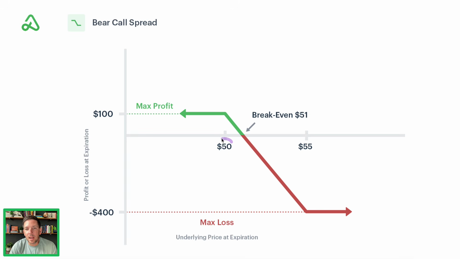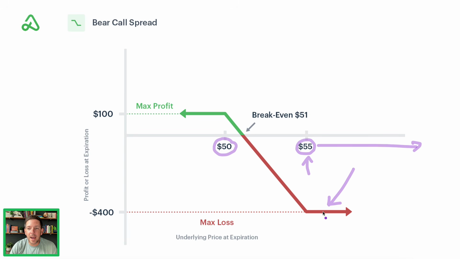So you still sell that option contract at the 50 strike, and then you go out to the 55 strike and buy this option contract. What that does is create this limited payoff diagram where your maximum risk is actually capped. So if the stock continues to go higher than 55, it doesn't matter. It could go to 155, it could go to 255, it could go to 1,055.